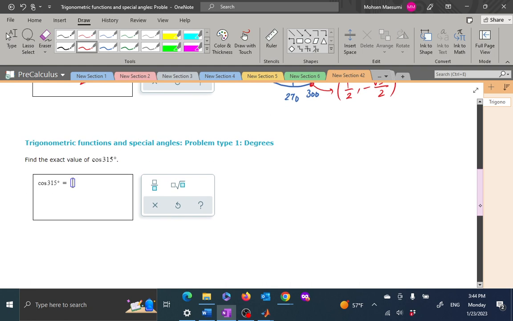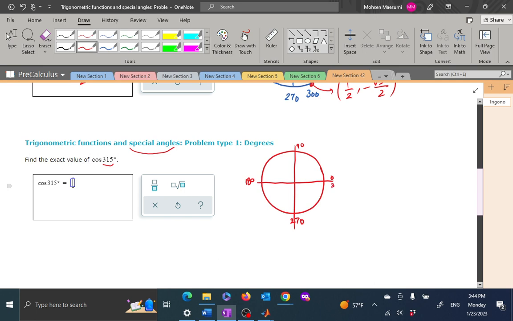Cosine of 315 degrees. Okay, these are special angles. Where was 315? You have to remember from a prior lecture where 315 is. So again, we draw a picture. 315, 0, 90, 180, 270.